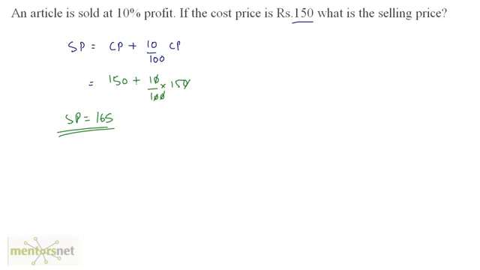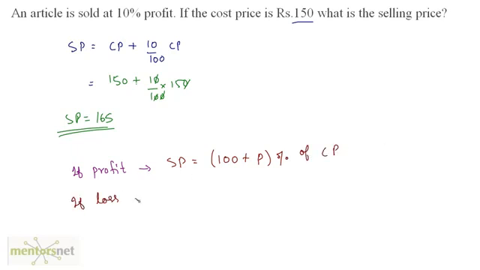So we have a formula for this also. It is basically a derivation of this thing itself. If you have profit, then selling price is equal to 100 plus the profit percentage of the cost price. And if you have loss, then the selling price is equal to 100 minus the loss percentage of the cost price.